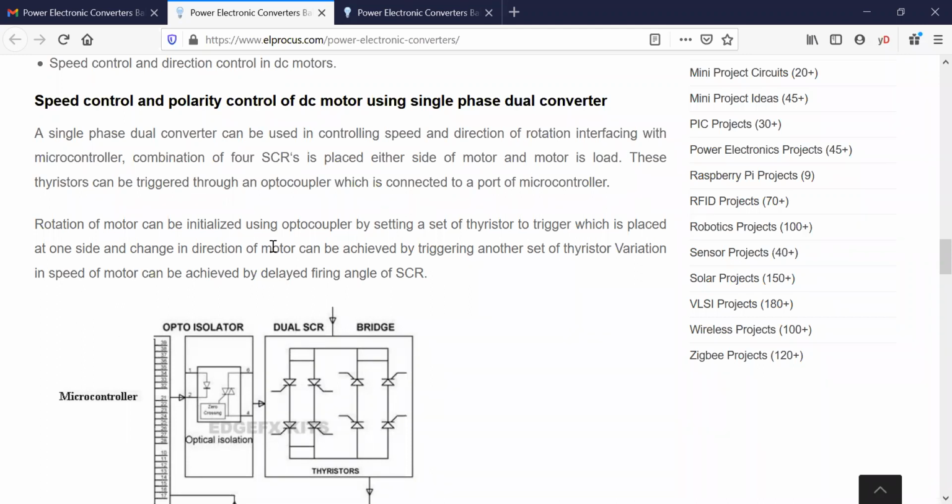A change in the direction of the motor can be achieved by triggering another set of thyristors. Variation in the speed of the motor can be achieved by delaying the firing angle, which is the triggering pulse of the SCR.